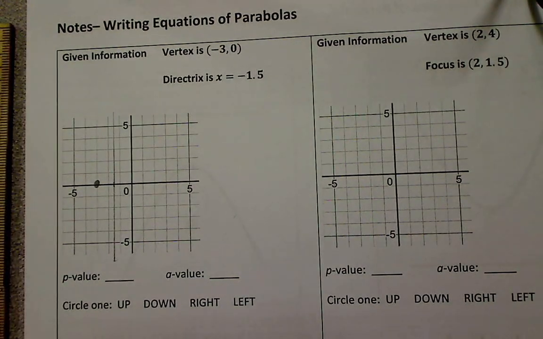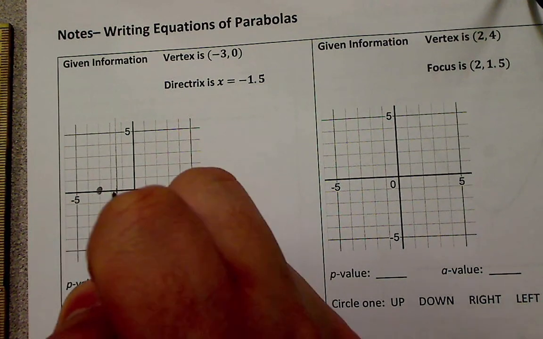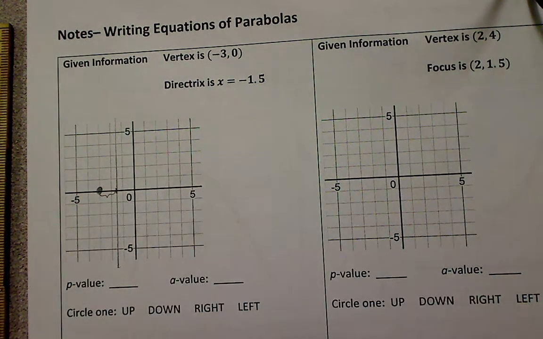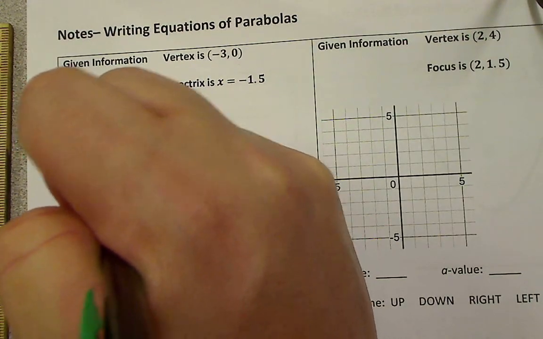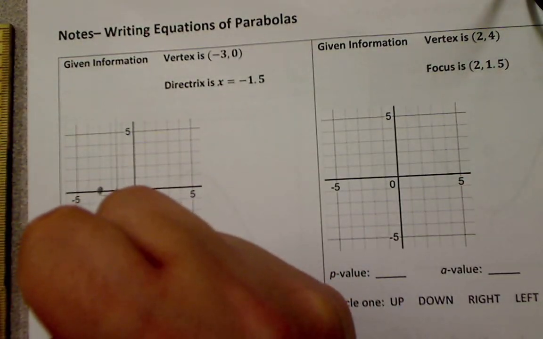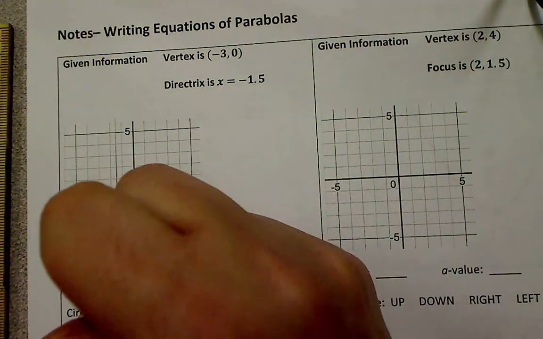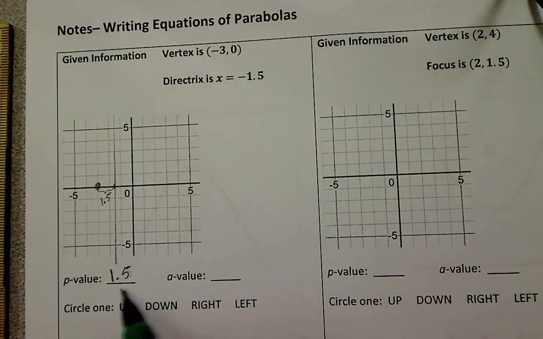So I'm going to do this. Your directrix is about right there. So here's what you know. Since the vertex is here and the directrix is here, the distance from here to here is 1.5. That means your P value is not 1.15, it's 1.5. We're going to use this to find our A value.